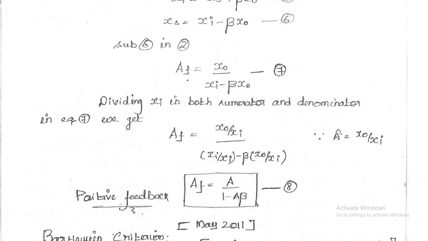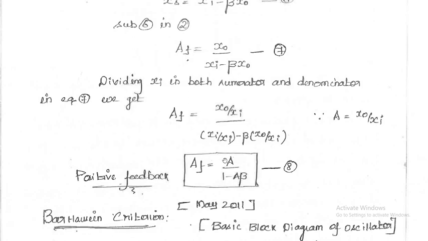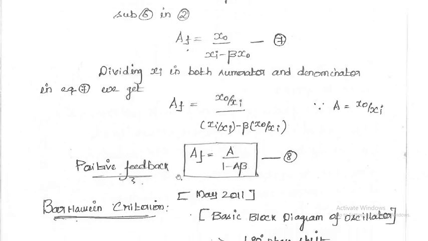As we already know, x naught by xi equal to A, the open loop gain, and xi by xi is 1, and beta into x naught by xi is again A beta. So the final gain with feedback equation is AF equal to A by 1 minus A beta. This equation represents the oscillator, which uses positive feedback.